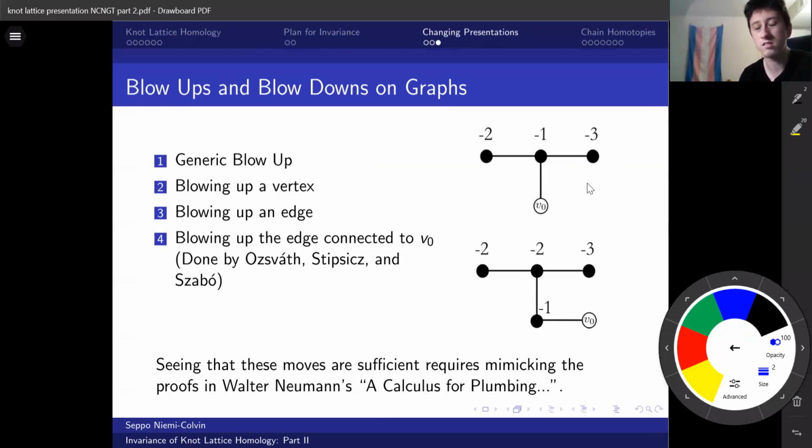Walter Neumann's paper also contained a statement regarding general knots and plumbings, with proof left to the reader. Needing to merge these two together, though, was not given before, and as I said, required mimicking and merging the ideas between those two proofs.